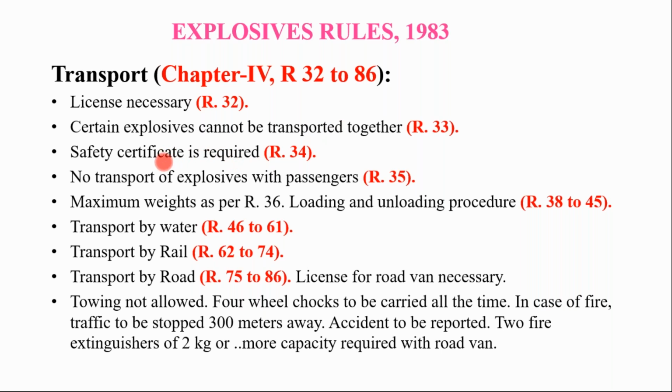Then rule 34 is related to the safety certificate, which is required to transport these explosive substances with the required or sanctioned quantity. Rule 35 is related to no transport of explosive with passengers. Passengers are not allowed while transporting these explosives. Only the driver and co-driver may be allowed.